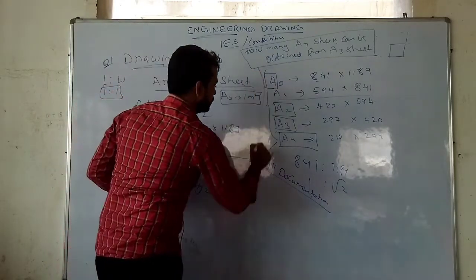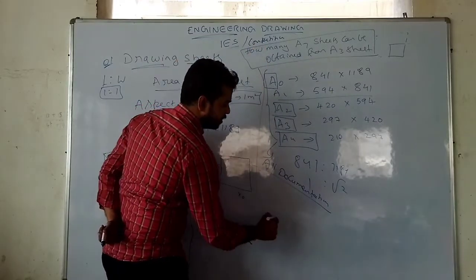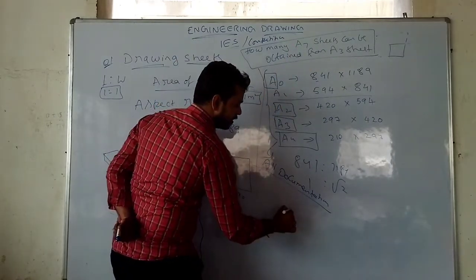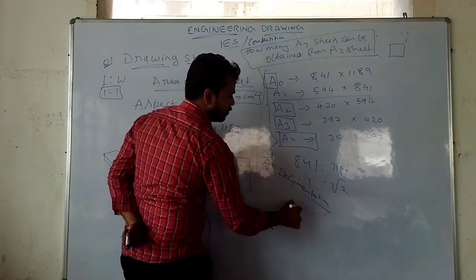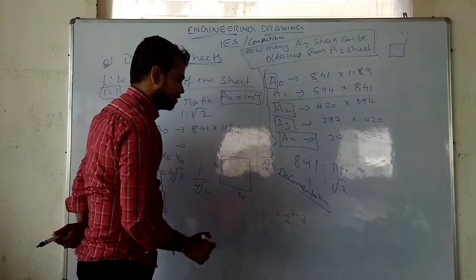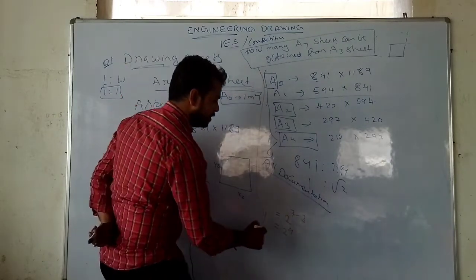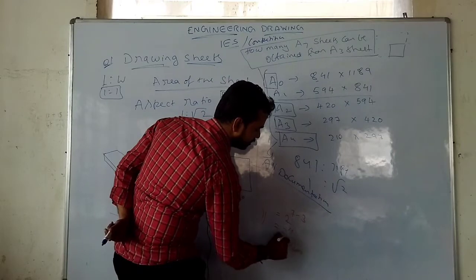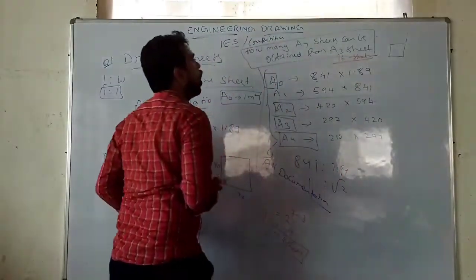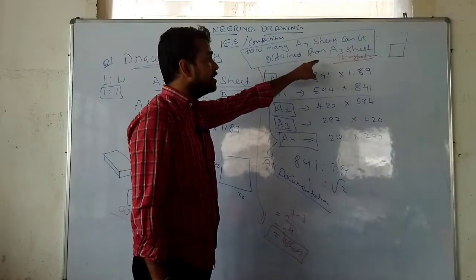The solution is here. How many A7 sheets can you obtain from A3? Just take 2 to the power of the sheet numbers: A7, so 2 to the power of 7, from A3, so minus 3. 2 to the power of 7 minus 3 is 2 to the power 4, which is 16 sheets. So 16 A7 sheets can be obtained from an A3 sheet.